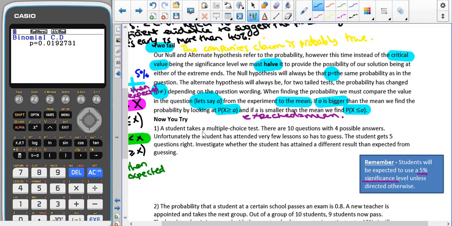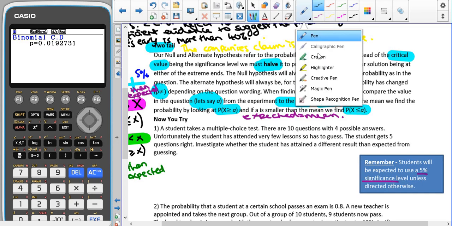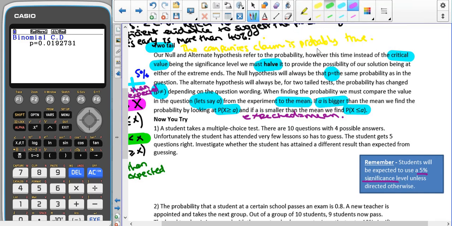So, we've got a student who takes a multiple choice test. There are 10 questions with 4 possible answers. We've had a look at a similar question to this before when we were just finding probabilities.